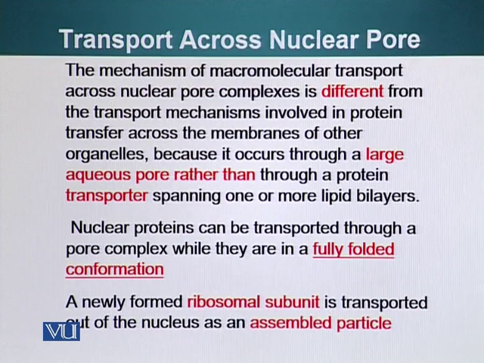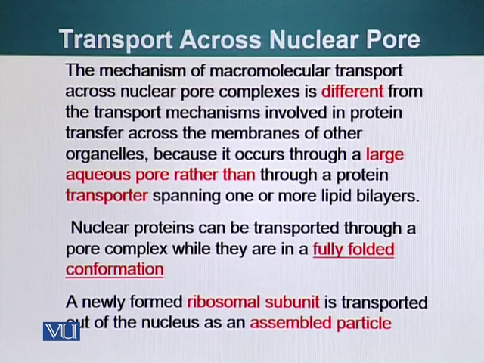In other cases, for example, proteins being imported into mitochondria, they first have to unfold, they have to become linear, and then they have to find their respective channel or hole in the mitochondrial membrane, and then they snake through into the mitochondria. A newly formed ribosomal subunit is transported out of the nucleus as an assembled particle.